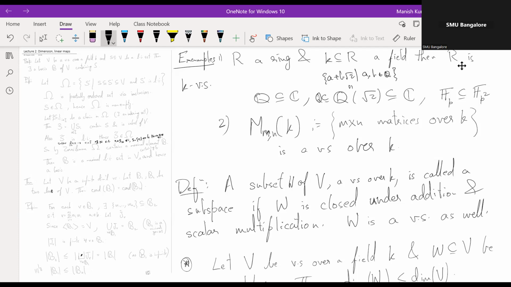That tells you 1, square root 2 is a linearly independent set. And by definition of Q square root 2, everything is a linear combination of 1 and square root 2, so this is indeed a generating set as well. Hence, it's a basis.